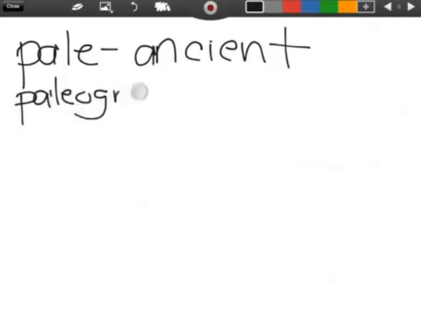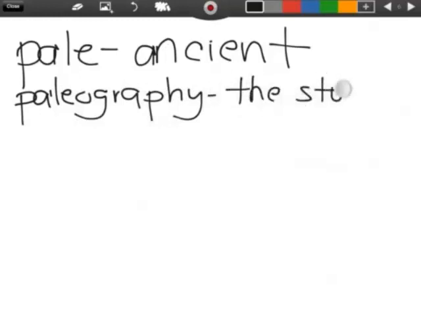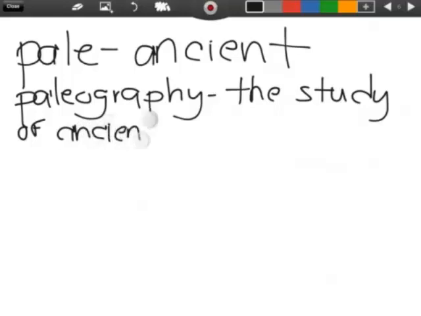Paleography, meaning the study of ancient forms of writing.